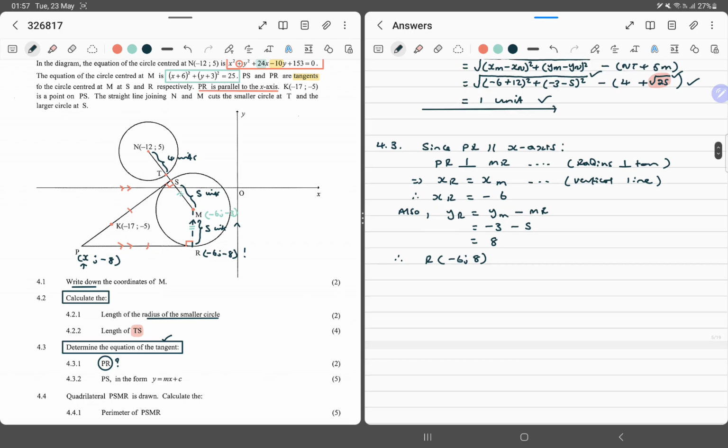Since this is a horizontal line, we know that, therefore, PR is such that y is equal to minus 8. Again, this is a horizontal line.